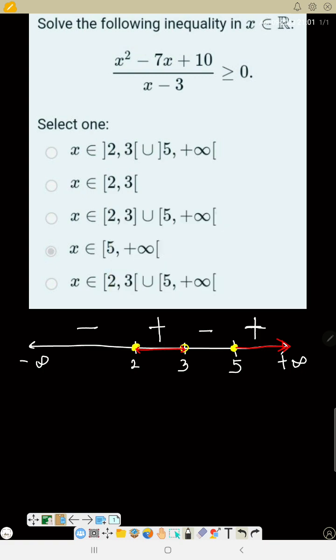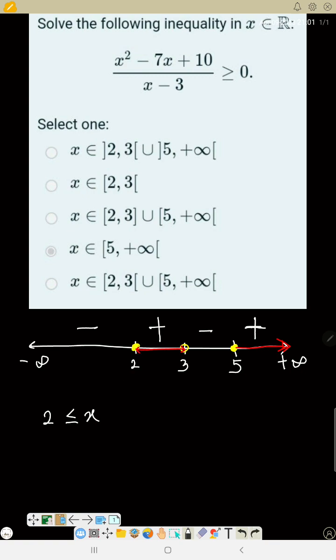So the answer will be, I don't need this because my answer is not there. The answer is here. So this will be 2 is less than or equal to s, and we shade it this way, that point there.